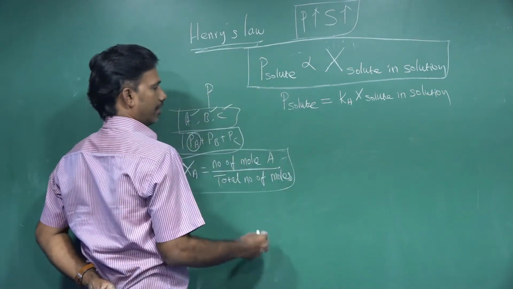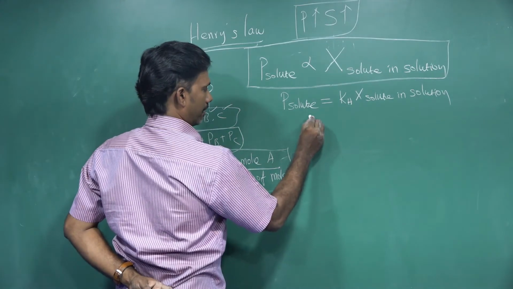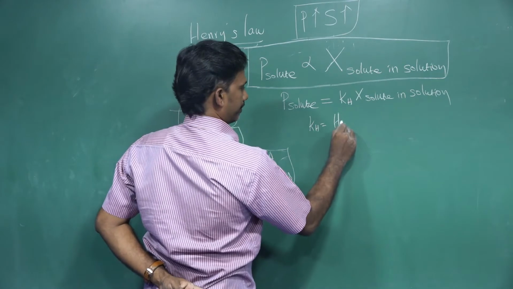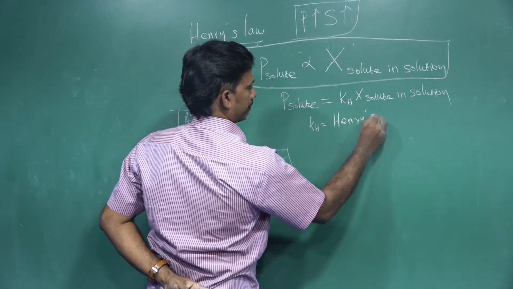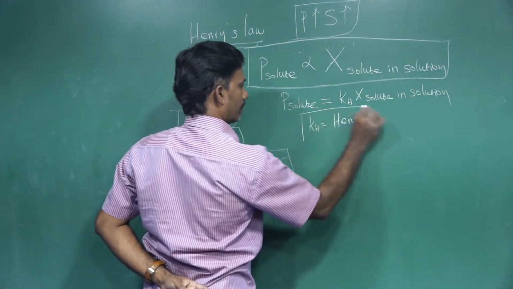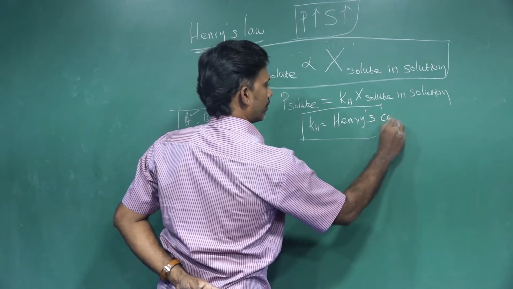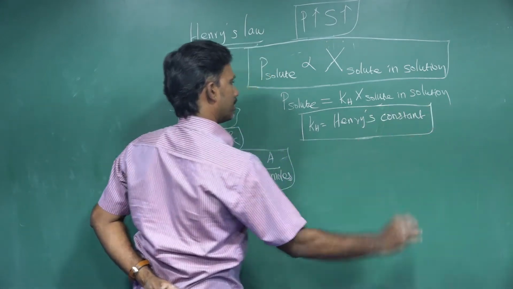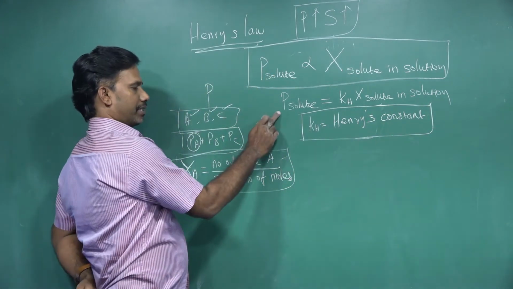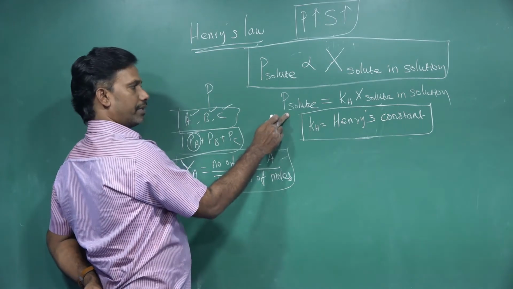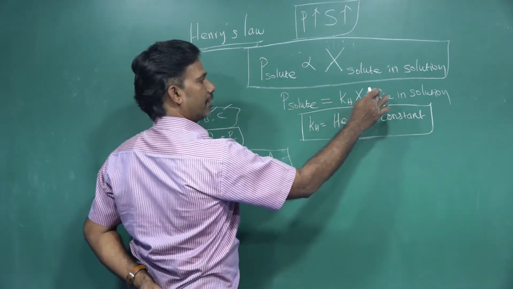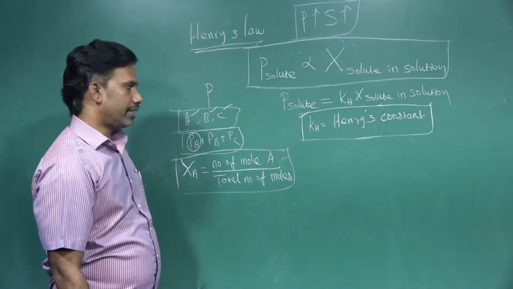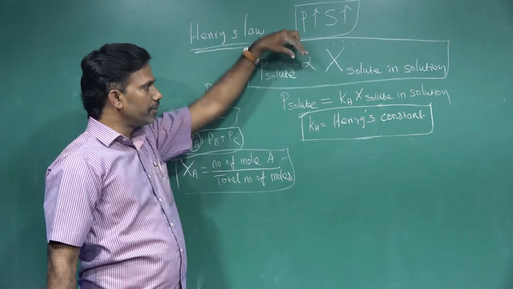Here, what is KH? KH is Henry's constant. The pressure of the solute, that is the partial pressure of the solute, is equal to KH into the mole fraction of the solute in a solution. KH is a constant, like a proportionality constant, used in order to remove the proportionality.